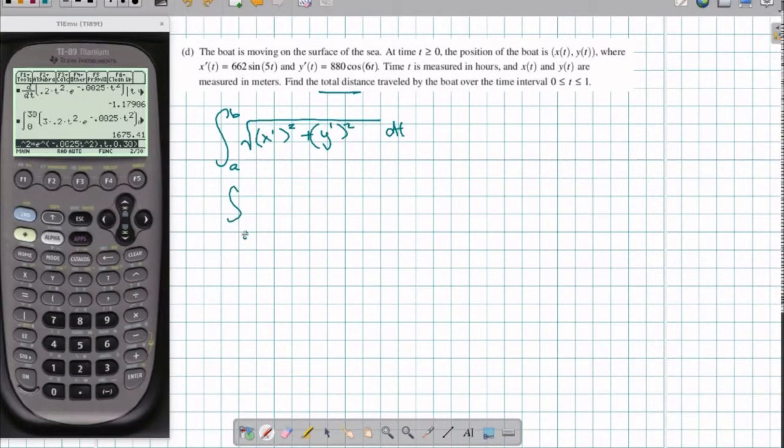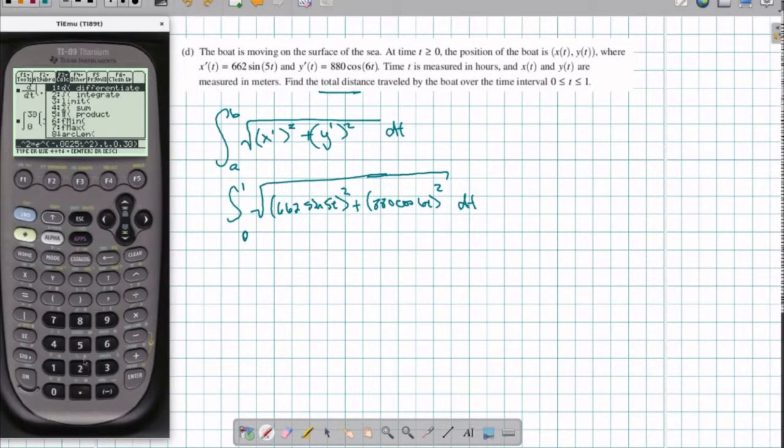So I'm going to be integrating from 0 to 1 the square root of, this is going to be 662 times the sine of 5t that I'm going to be squaring. And this is going to be 880 times the cosine of 6t that I'm going to be squaring. And I'm going to be integrating this with respect to t. So I'm going to take this whole thing and raise it to the 0.5 power.